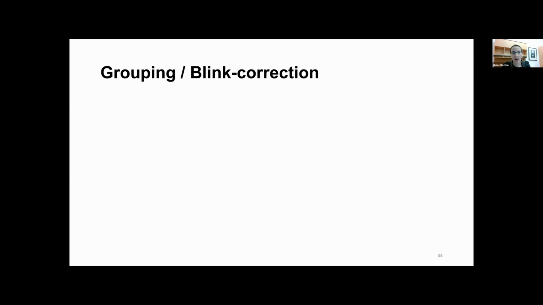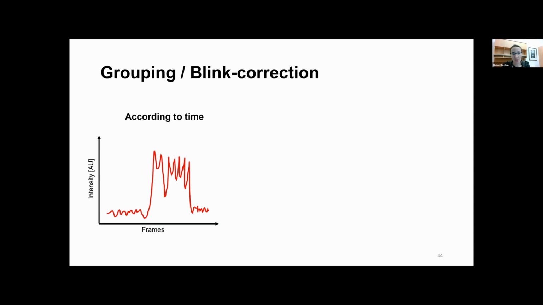Then there's another aspect, which is a so-called blinking correction, or also grouping correction. That's a phenomenon where, while you're taking images, you see signal which is still on over different frames. With a so-called grouping time, which is a time which you would allow a fluorophore to be on, and which is very fluorophore specific, you would be in the position to actually group fluorophores or molecules together.